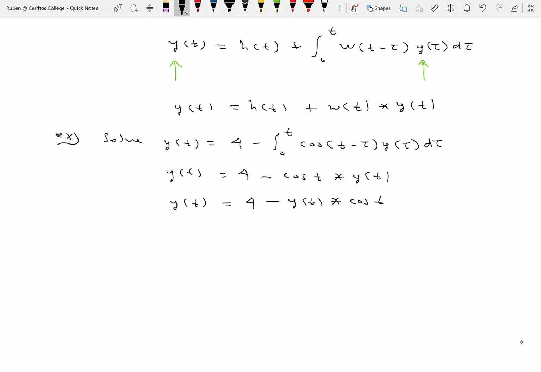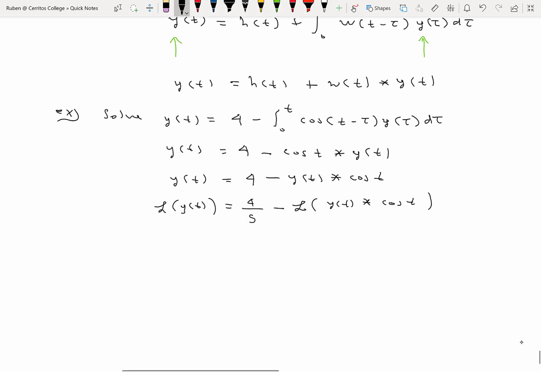Okay. Now I'm going to take the Laplace transform of both sides. So the Laplace transform of y of t equals, the Laplace transform of 4 is 4 over s, minus the Laplace transform of that convolution, y of t convolved with cosine of t.